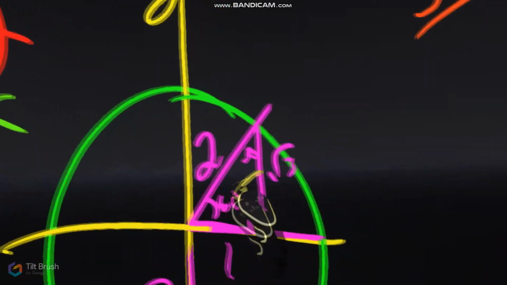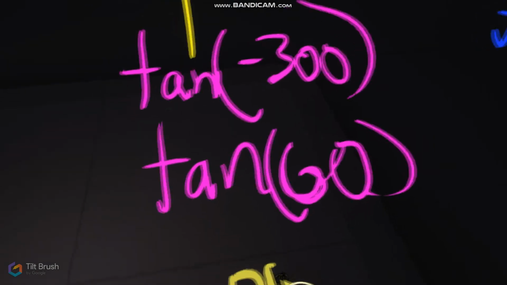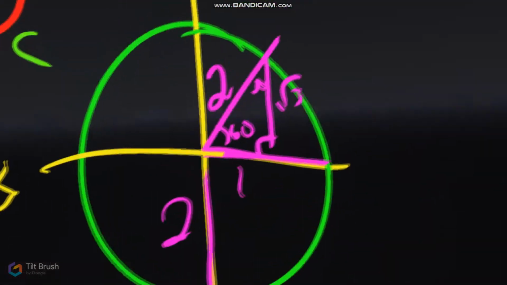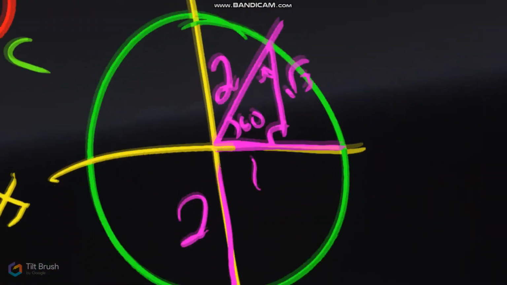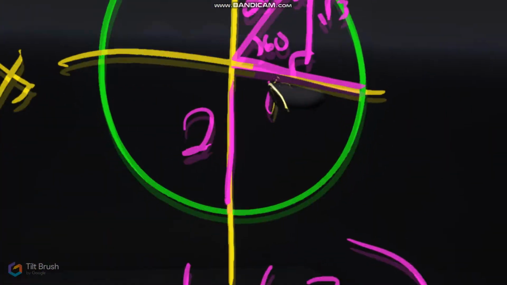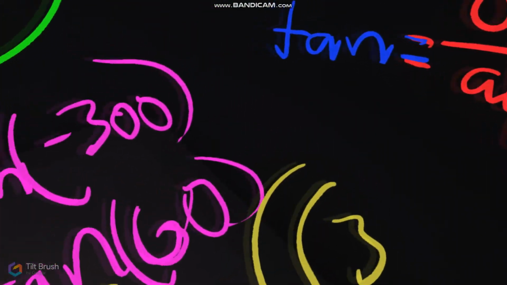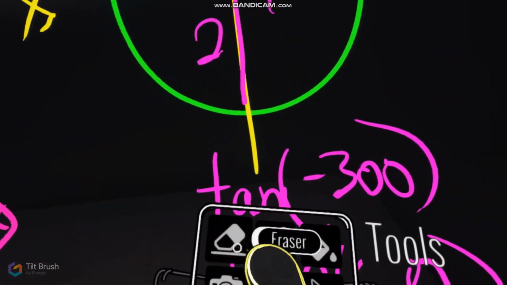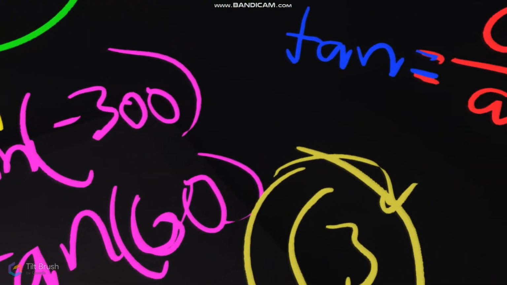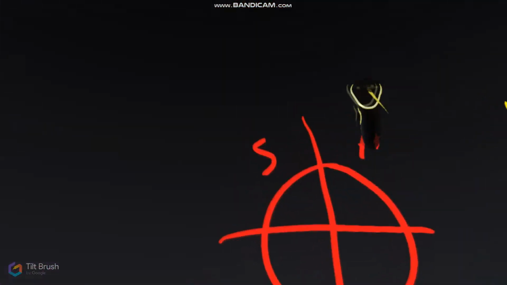So you take the opposite side, rad 3, over the adjacent. Yes, I know what I messed up now. This is the adjacent. So it's rad 3 over 1, which is just rad 3. So tangent of 60 equals rad 3. That is the basics. The most important thing is this right here.